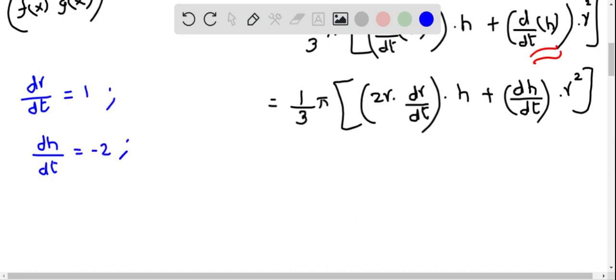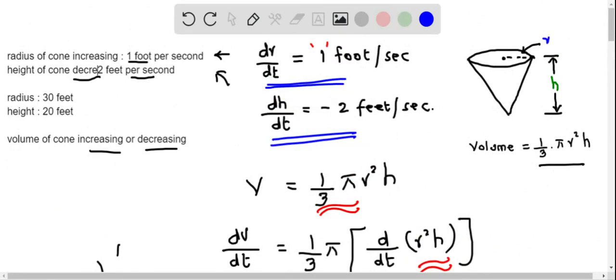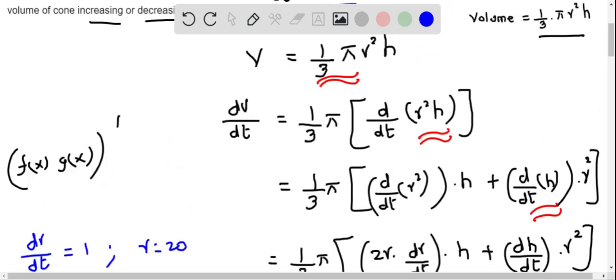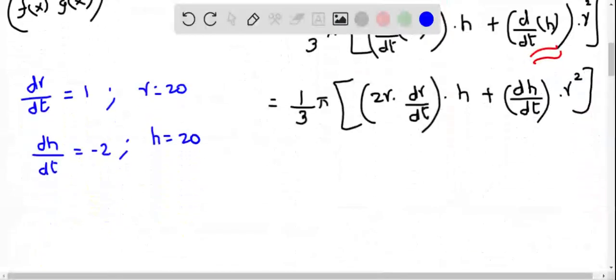Also, we are given the radius and height information. Radius is 30 feet and height is 20 feet. So radius is 30 and height equal to 20.